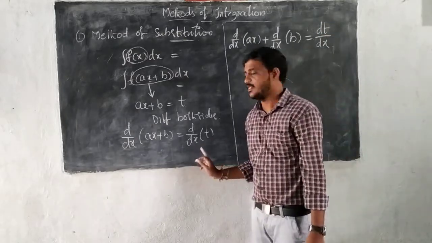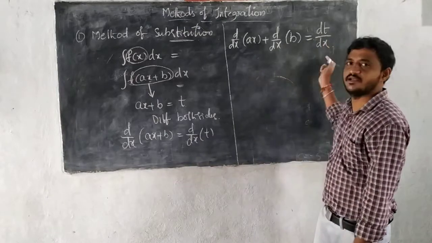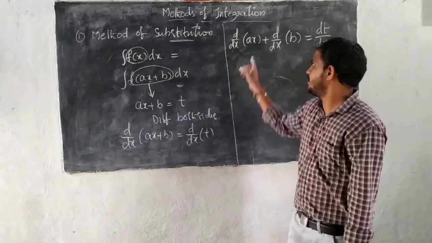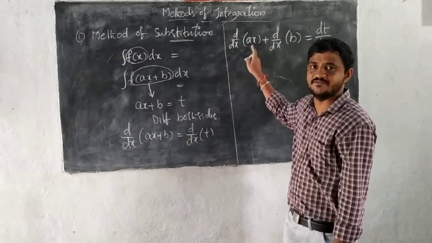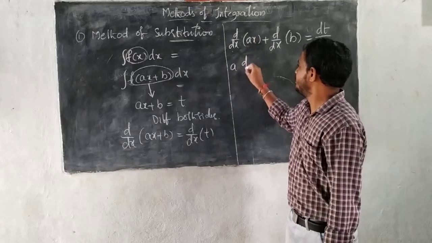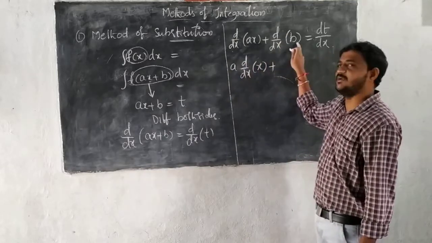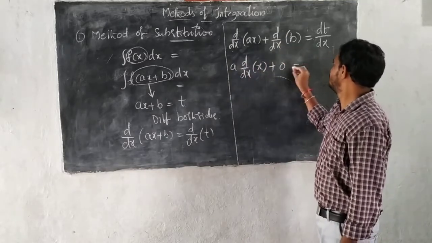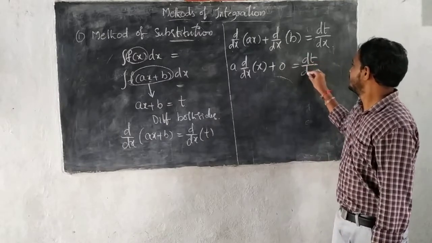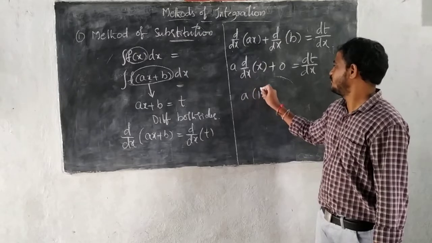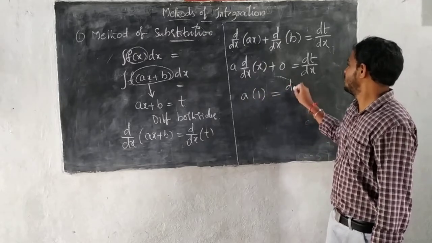Here a is a constant and x is a variable, so write a outside: a times d by dx of x plus d by dx of b. Here d by dx of x is 1, and d by dx of b is 0, equal to dt by dx.